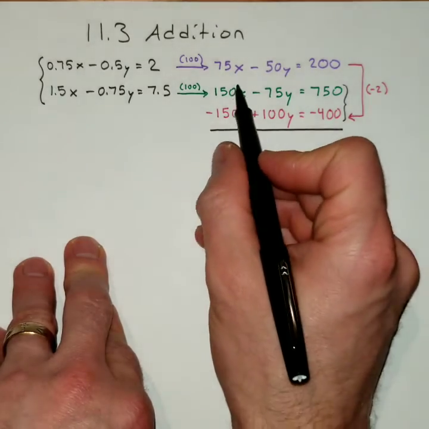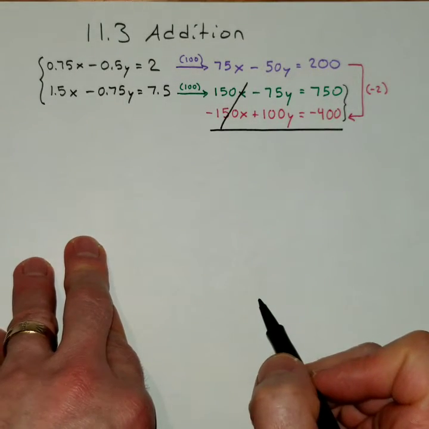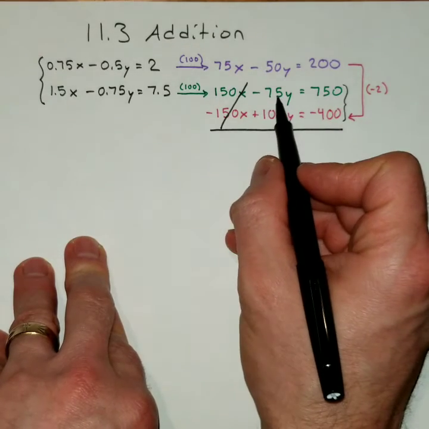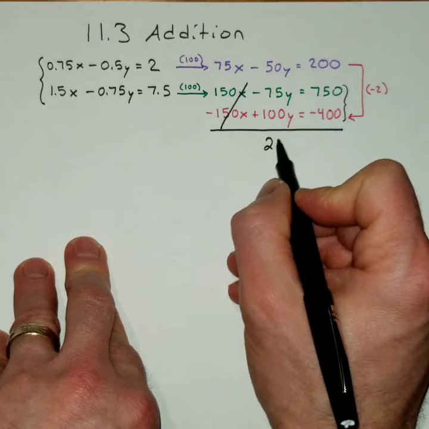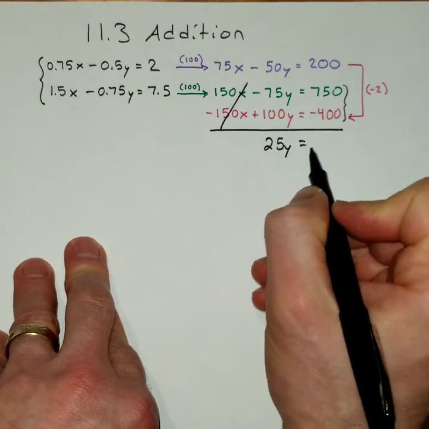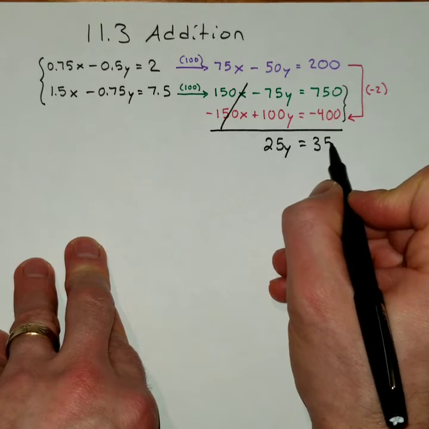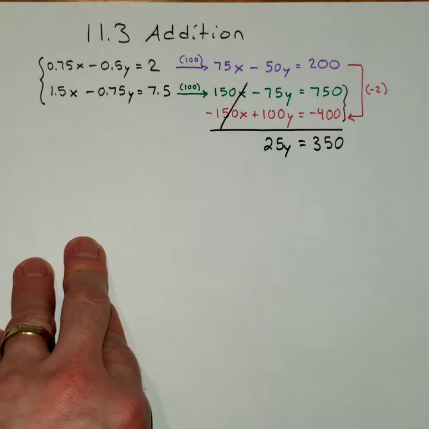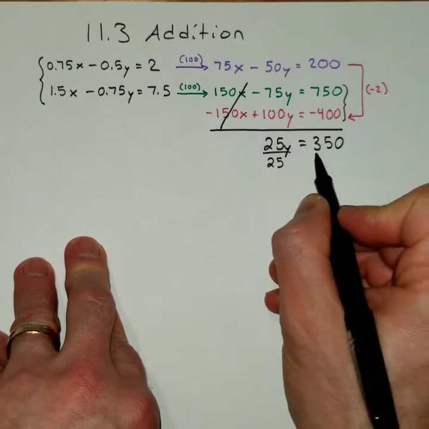And when I do that, the x's will drop out, right? Positive 150 minus 150. The -75 plus 100 will give me 25y, and 750 minus 400 would be 350. Okay, we then solve for y by dividing out the 25.